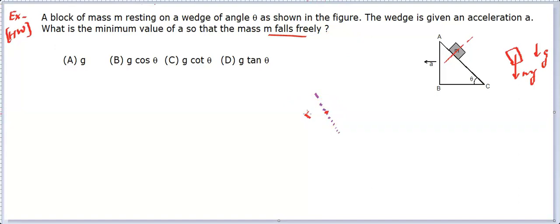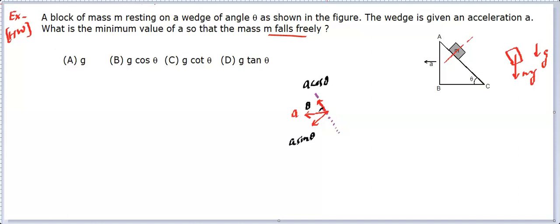What we can do, we can make the component of this acceleration, one perpendicular to this inclined plane and one along the inclined plane, right? So you can have one component acting in this direction, another component of acceleration acting in this direction. This is given as A, and you will find that this angle is going to be theta. So this component will become A cos theta, and this component will become A sin theta at the point of contact we are drawing.